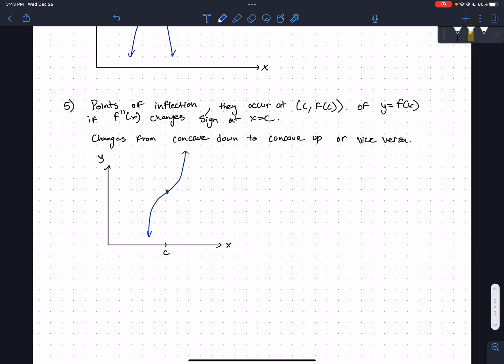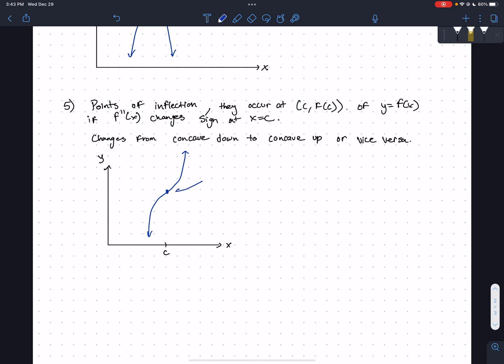We're changing concavity, right? Because if we take the tangent of this, and then we take the tangent of this, it's getting less and less. So this is concave down. But then here, it's going from here to here, so the slope is increasing. That means it's going from concave down to concave up. So there's a change, which means there's an inflection.